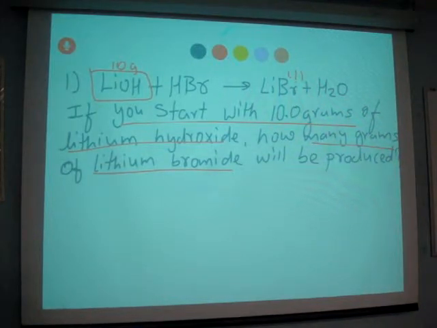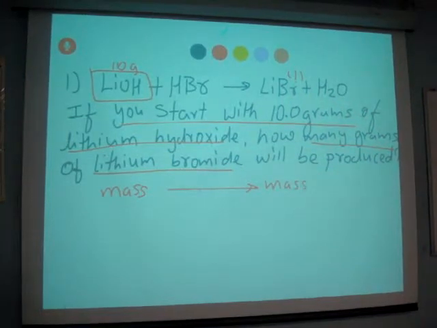So this is a mass to mass stoichiometric problem. Mass of one reactant is given and mass of the other product is asked, so it's a mass to mass relationship.